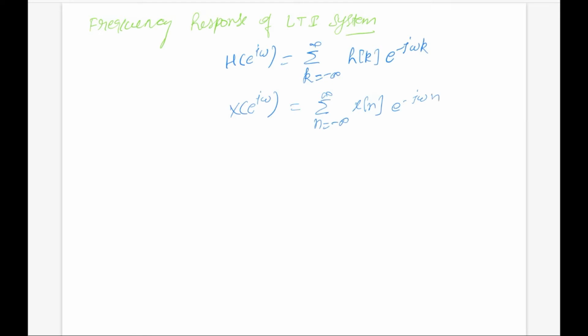Here k and n are just dummy variables. We can use them interchangeably, like we can use n here or k here, because in the summation they will go away. So this implies that the frequency response of an LTI system is simply the Fourier transform of the impulse response.